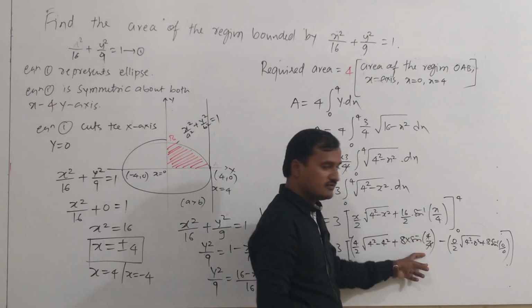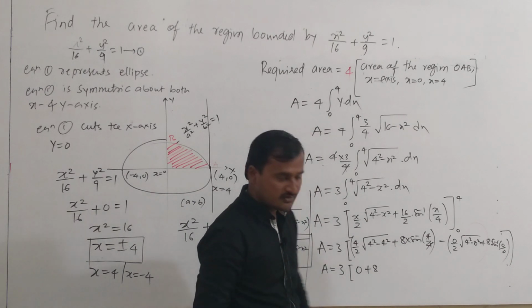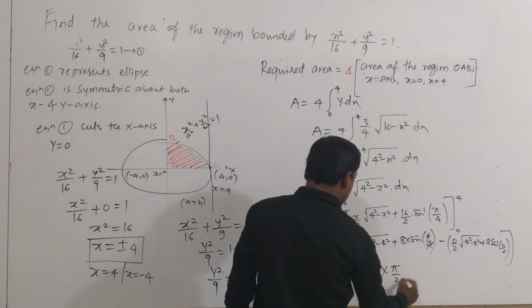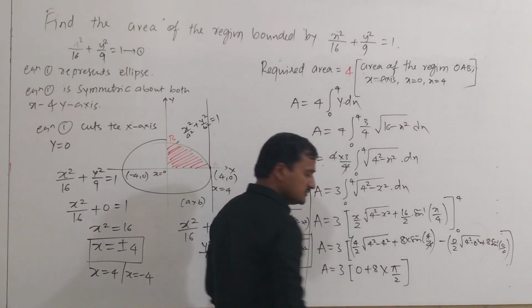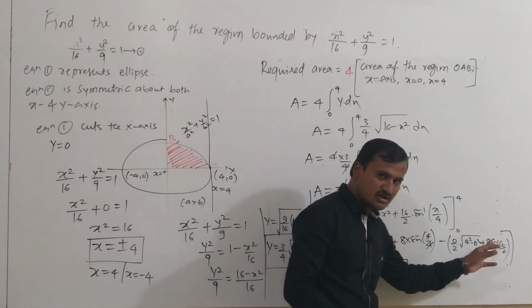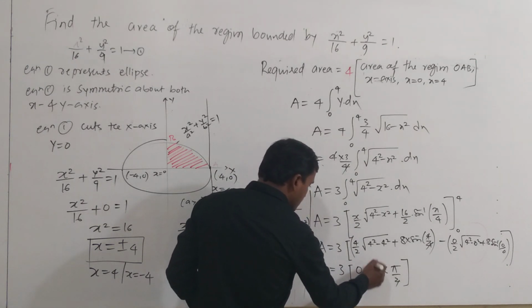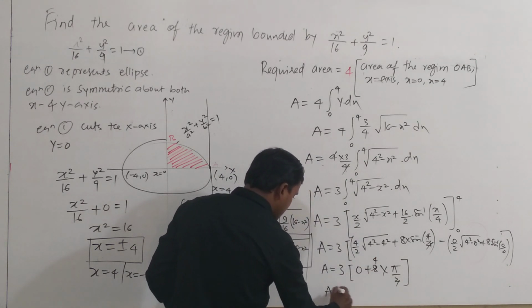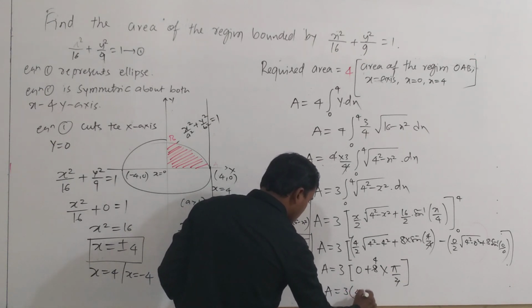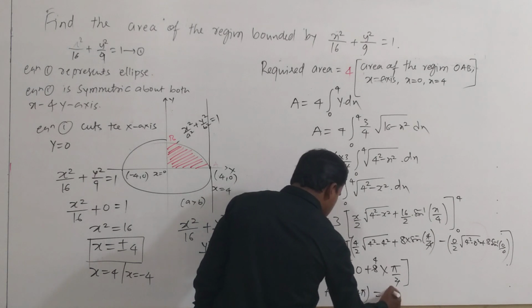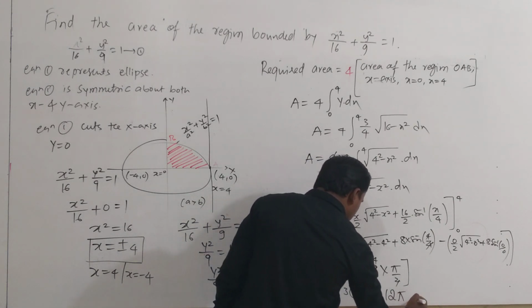Here 4 and 4 will get cancelled, so we got sin inverse of 1. Sin inverse of 1 is pi by 2, and the remaining terms become 0. So simplifying, 2 ones are 2, 4 twos are 4 pi, so the required area is 3 into 4 pi, that is equal to 12 pi units.